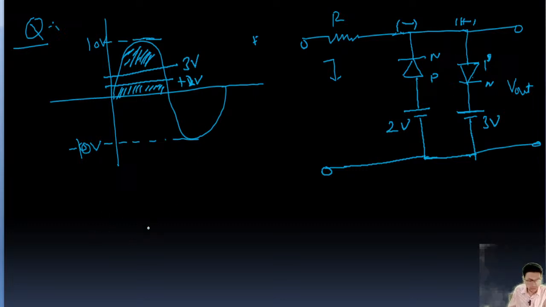If we make the output graph, this part got clipped, this part got clipped, this part got clipped. So this graph is going to be like this. Only this part will remain, right?